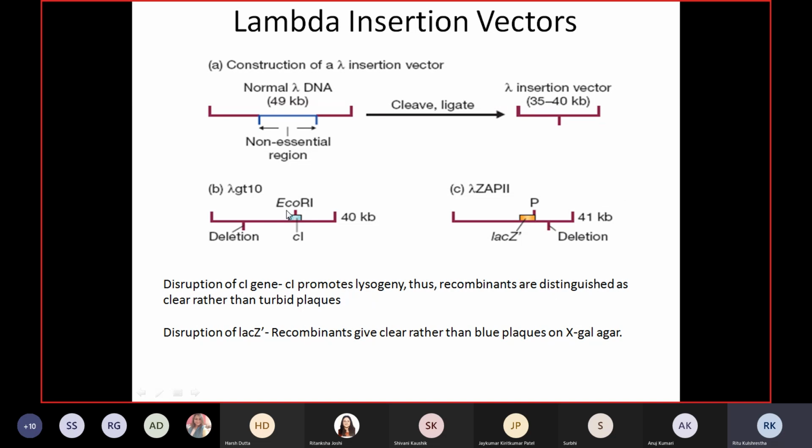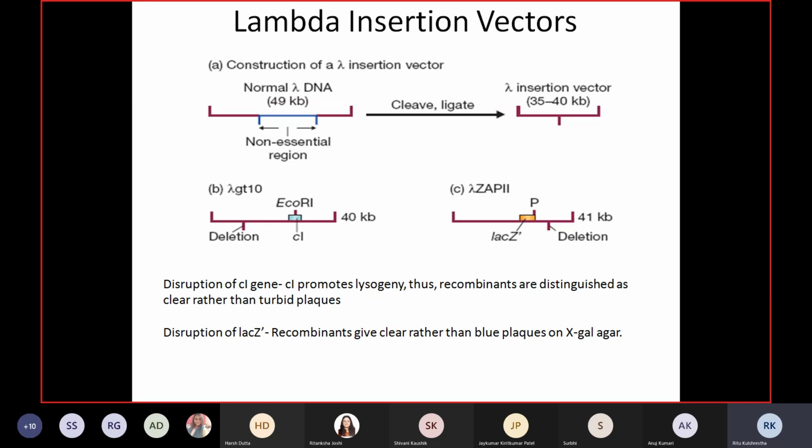Another thing they did was introduce the cI gene at the MCS or EcoRI site. The cI gene promotes lysogeny. So the non-recombinants will form a turbid plaque, because the lytic life cycle will not be there, but some lysis has been promoted. I'm saying it promotes lysogeny, but it's not that no lysis is there.